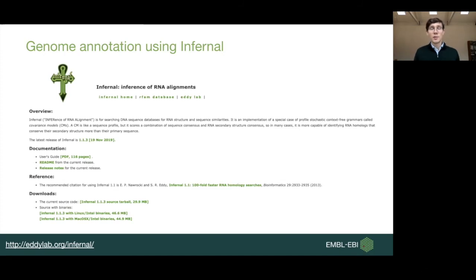And in fact, this is what people have been doing for the last 20 years. The human genome, the octopus genome, you name it, they've all been annotated with Infernal to identify Rfam non-coding RNA families.